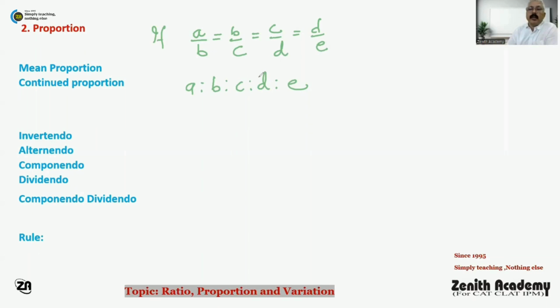Means A is to B will be equal to B is to C equal to C is to D equal to D is to E. So you can understand if A upon B is equal to B upon C is equal to C upon D is equal to D upon E, right? It means they are in continued proportion. What will we call this? Continued proportion.